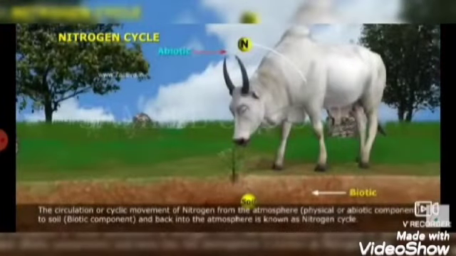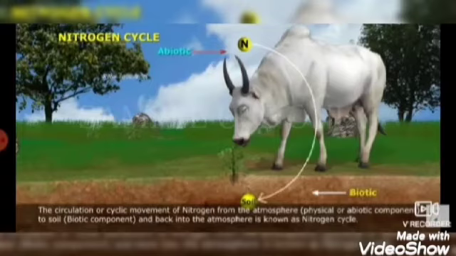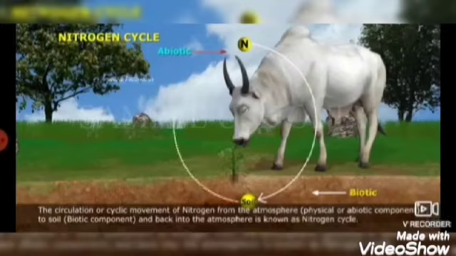The circulation or the cyclic movement of nitrogen from the atmosphere, physical or abiotic component to soil biotic component and back into the atmosphere is known as the nitrogen cycle.